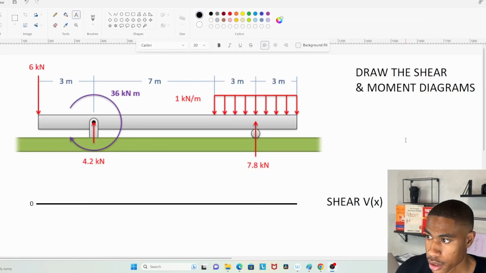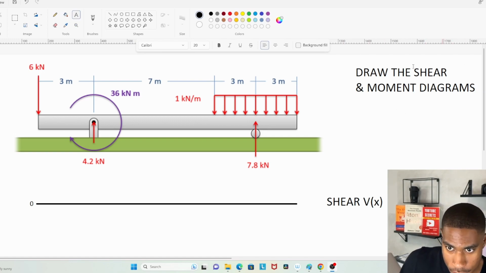This says draw the shear and moment diagrams for the image that we see to the left. As you can see, this is a beam, and it has a few different loads on it. To the left, we have a 6 kilonewton load coming down on the beam. We have a moment happening at this fixed point.